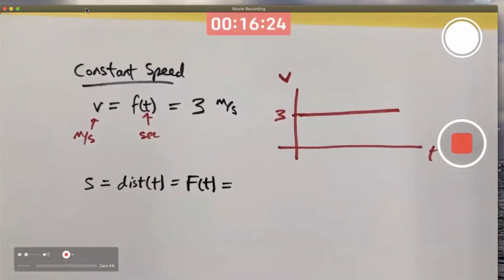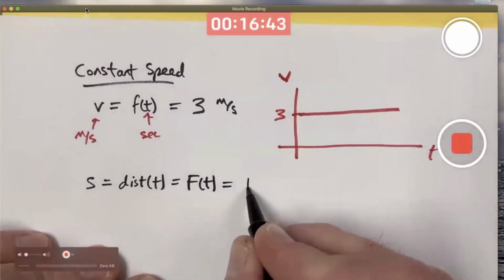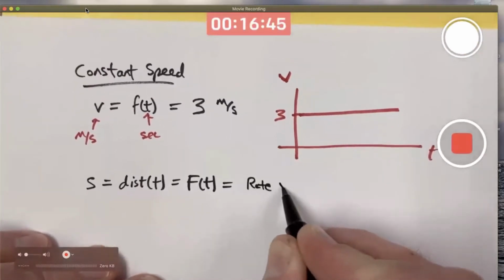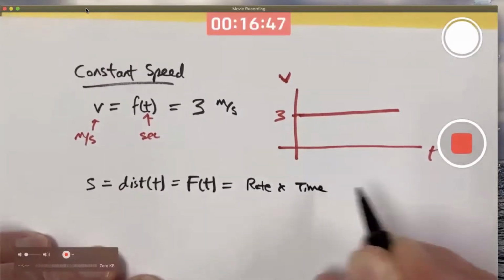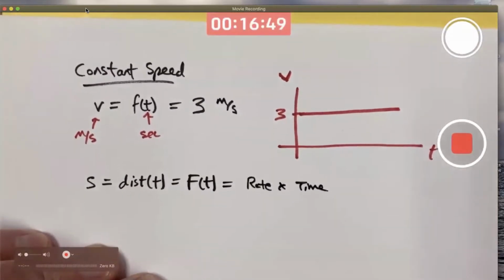And you know, back in, I don't know what it was, maybe 6th, 7th, or 8th grade, you learned a pretty important equation. Distance equals, what is it? Finish it for me. Rate times time. Speed times time. When the speed is constant, which it is here.